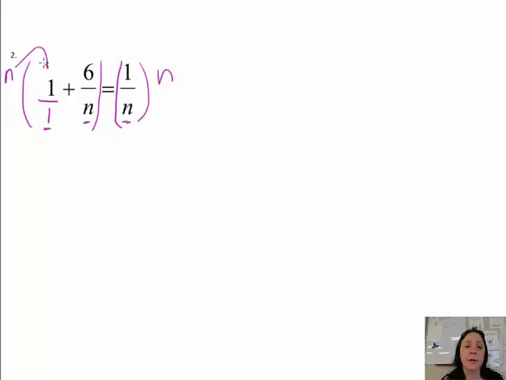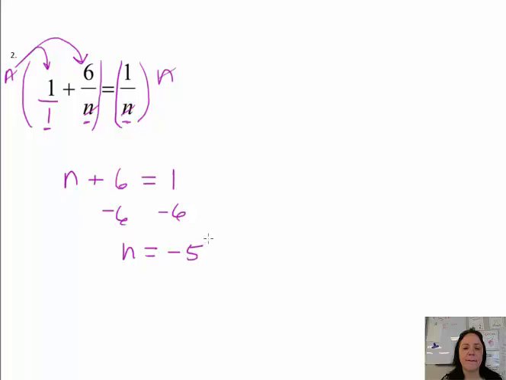So remember, I have to distribute this n to both things on this side of my equation. I get n plus, this n is going to cancel here, 6 equals, this n is going to cancel here, 1. Well, it's a pretty easy linear equation. I can subtract 6 from both sides, and I will get n is equal to negative 5.